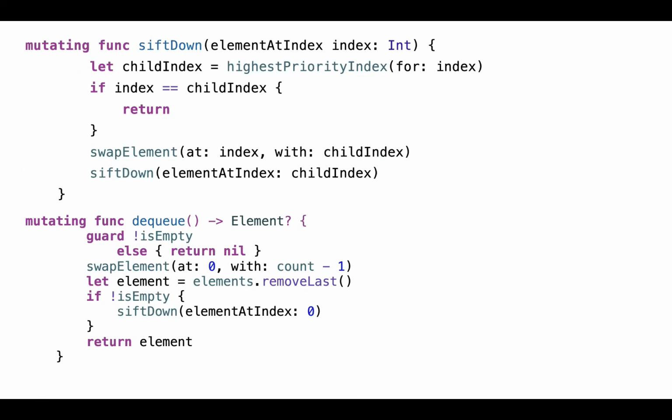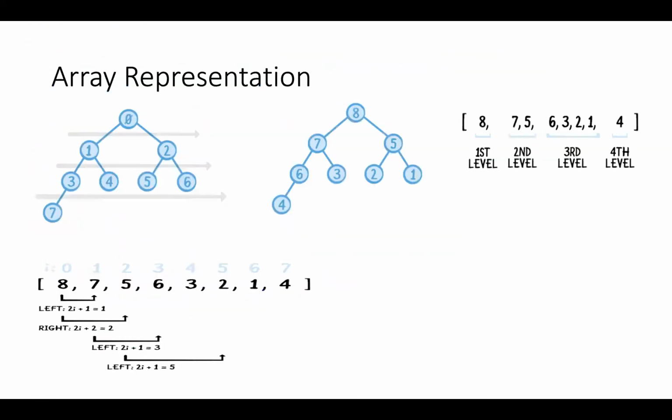Okay, one more property I want to discuss: in any array, the last parent is 6 here, and after the 6 there is no parent element. 8 is the first parent, 7 is the second parent, 5 is the third parent, 6 is the next parent to 5, but after that there is no parent, all are leaf nodes.